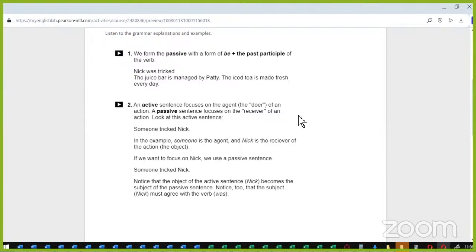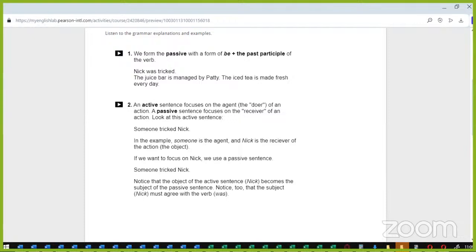An active sentence focuses on the agent, the doer of an action. A passive sentence focuses on the receiver of an action. Look at this active sentence. Someone tricked Nick. In the example, someone is the agent and Nick is the receiver of the action, the object.